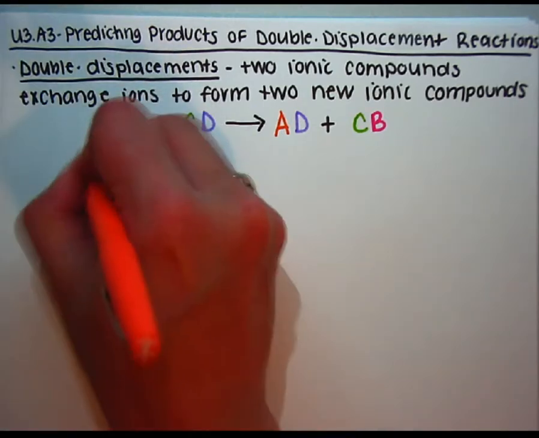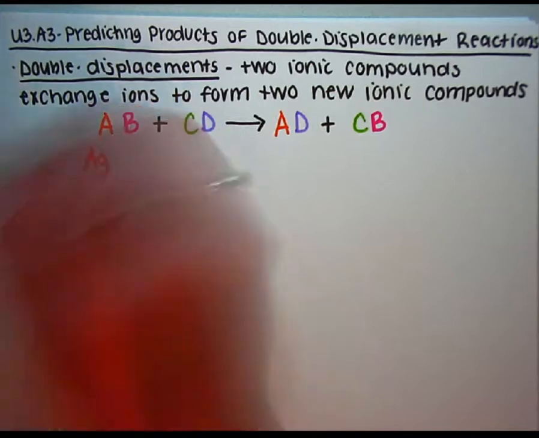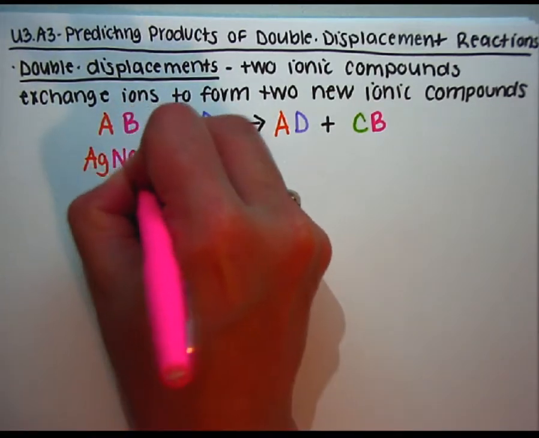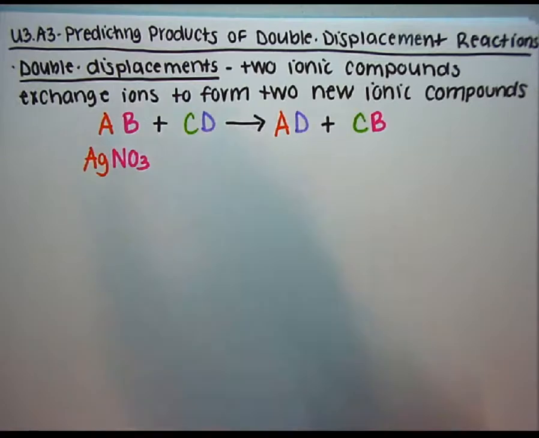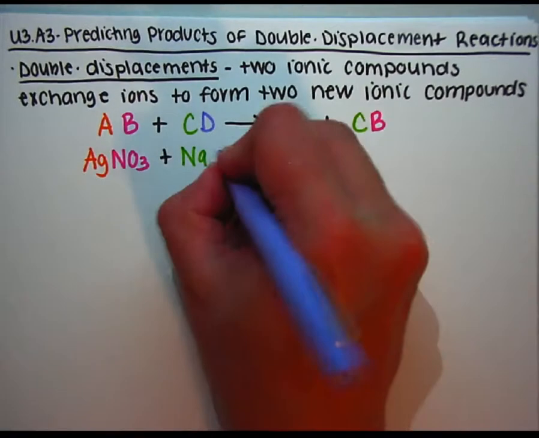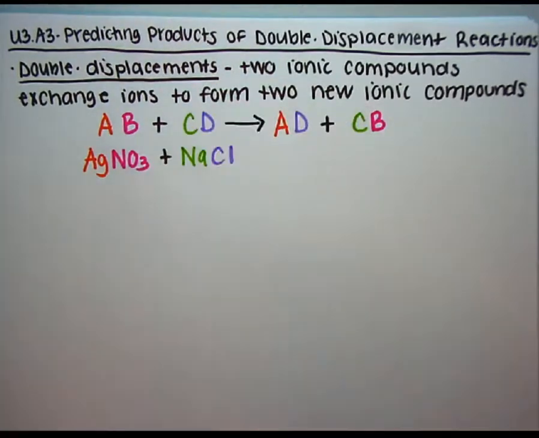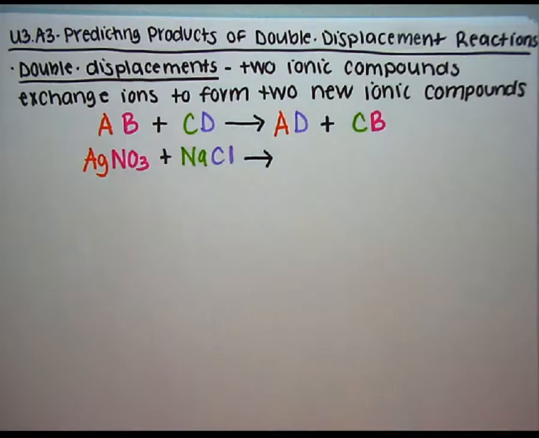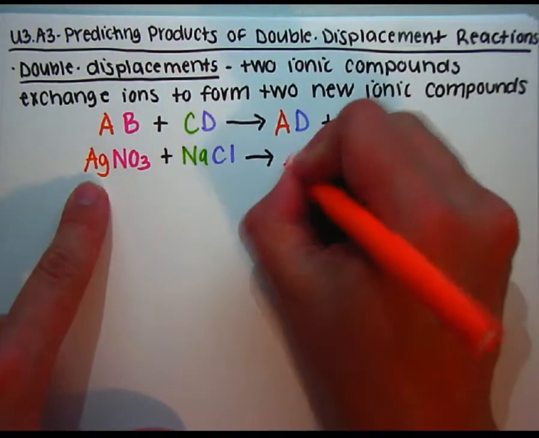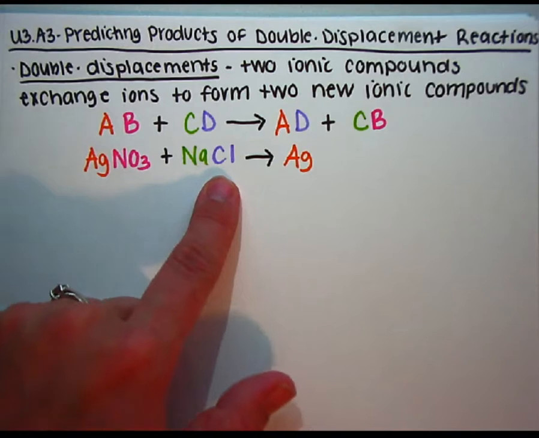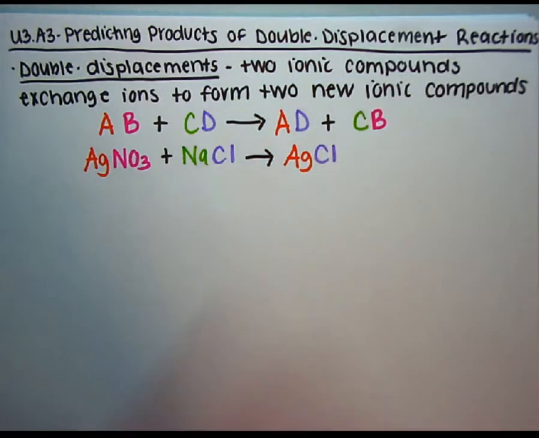Let's look at an example with some real ionic compounds. Let's say I had silver nitrate plus sodium chloride. So all that happens in a double displacement reaction is the cation of the first, which is silver, is going to bond with the anion of the second.